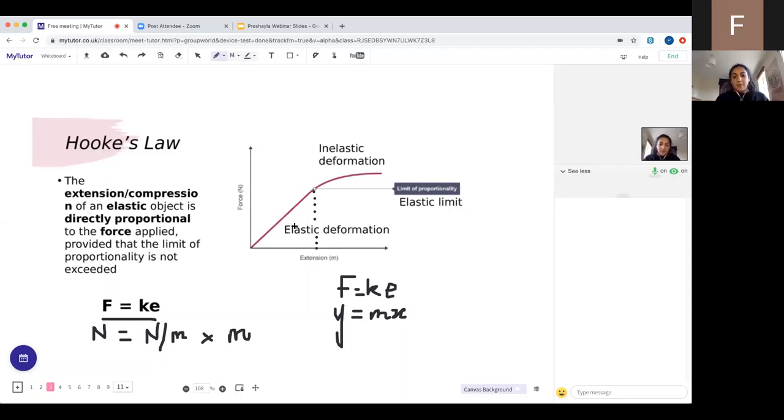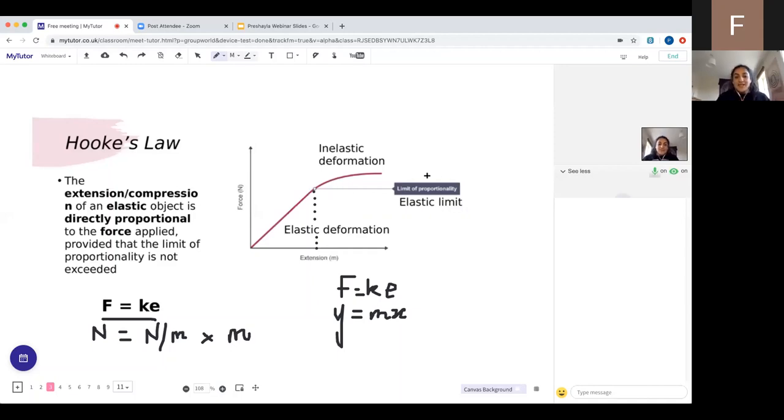Okay, so past that elastic limit, we don't see this linear behavior anymore. So here we have a straight line, nice and neat straight line, everything's proportional. If force doubles, extension doubles, really good. However, past that point, we don't have that linear relationship anymore. We've got this curved line, which means that for even the littlest force, we get more extension.